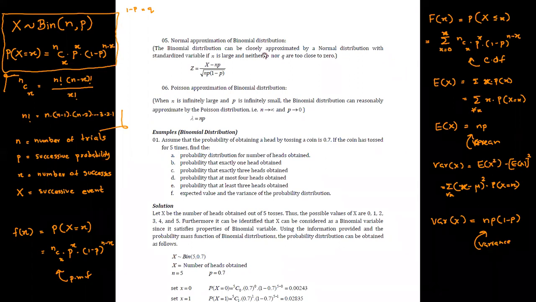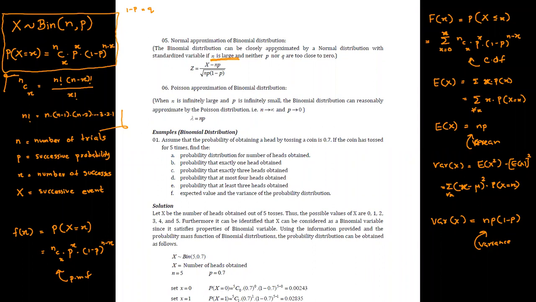A binomial distribution can be approximated by the normal distribution if you have a large number of trials n, and neither P nor Q is close to 0. That is, these are not close to zero; they are quite around 0.5 or something like that.